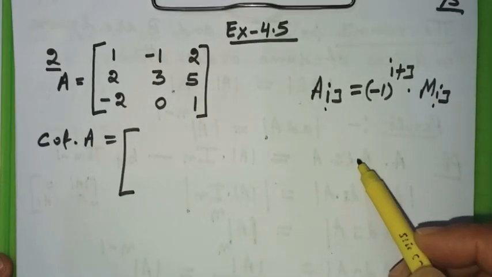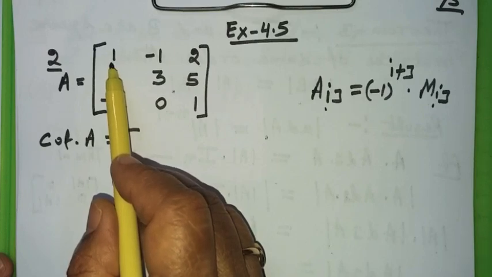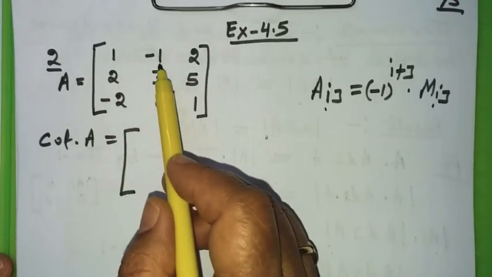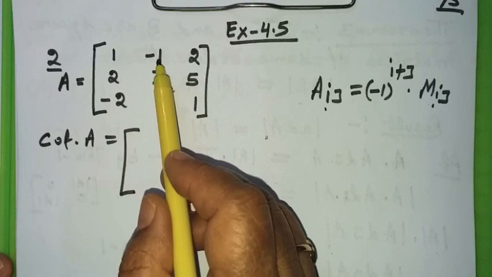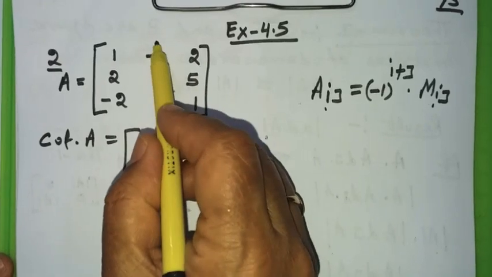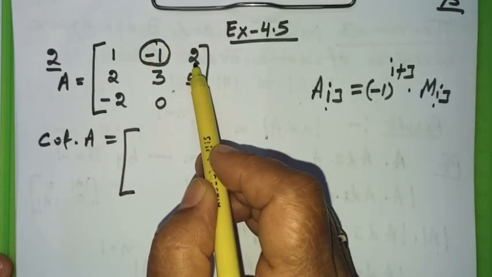So let us see, this is position A11, 1 plus 1 is 2, even. So this element will have the same minor as well as cofactor. This element is A12, 1 plus 2 is 3, so odd position. So its cofactor will be negative of its minor. This is an even position.